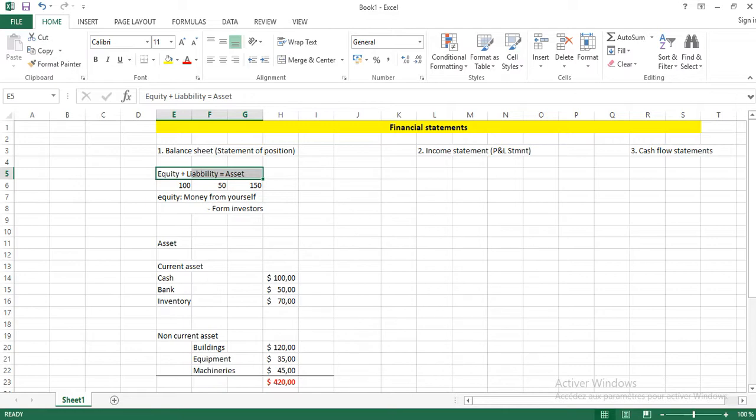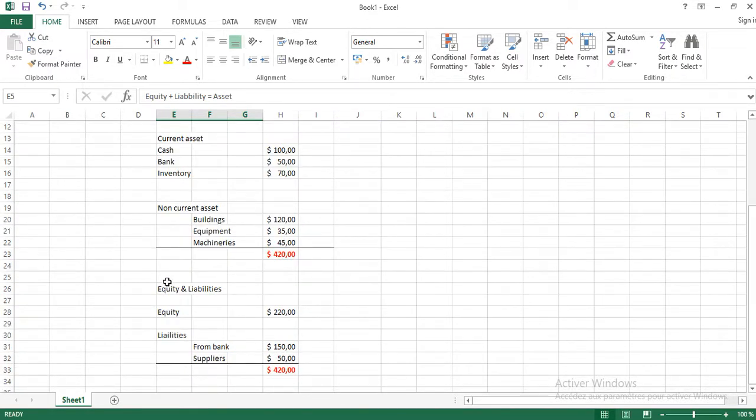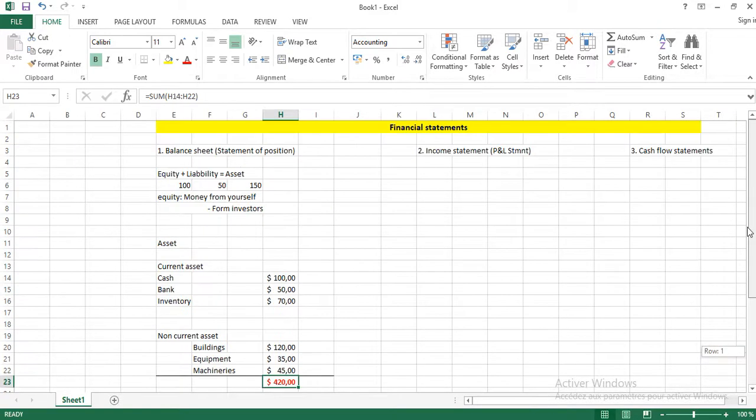You can see here equity and liability together is 420, and total value of assets is 420. The financial equation is successful. This is what a balance sheet is.